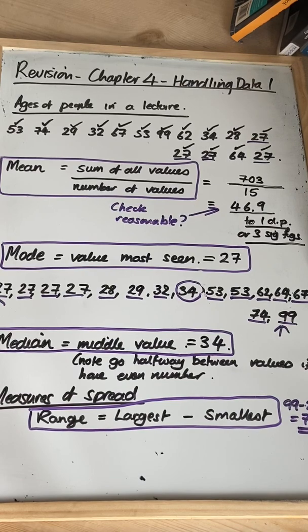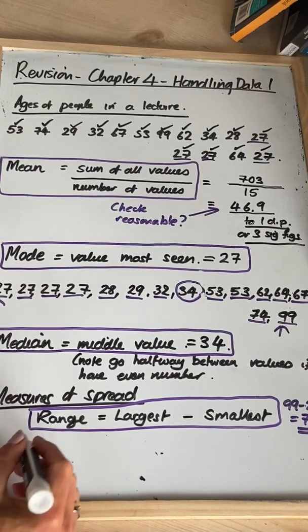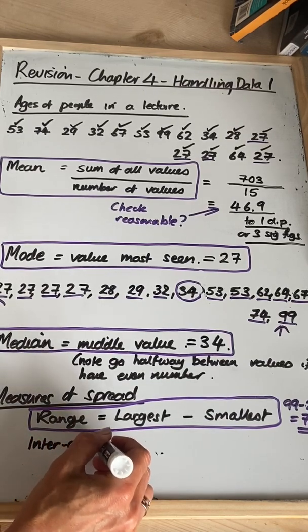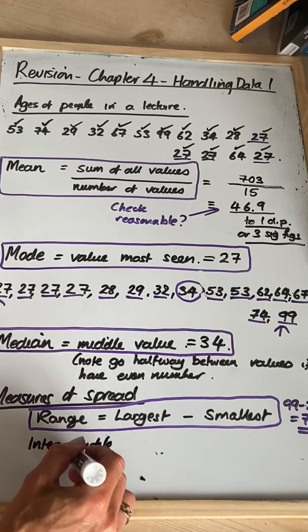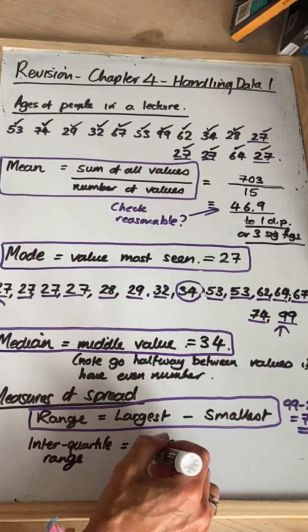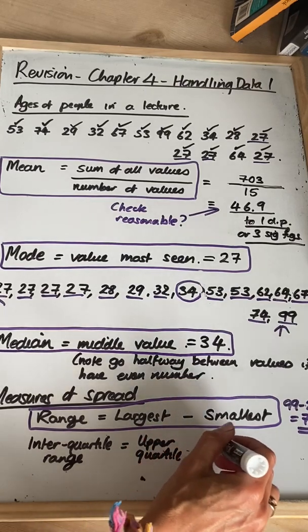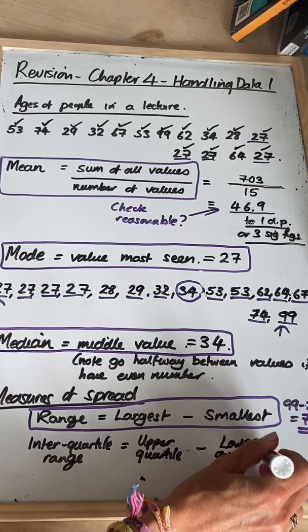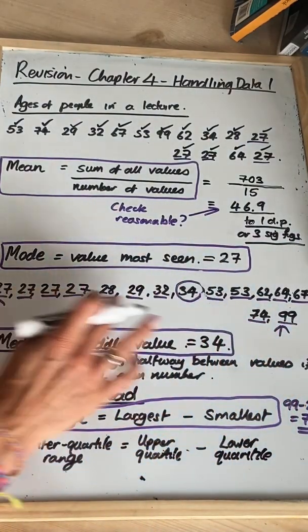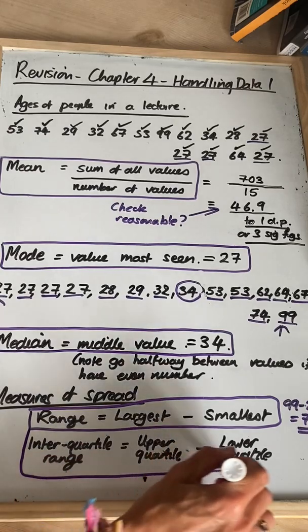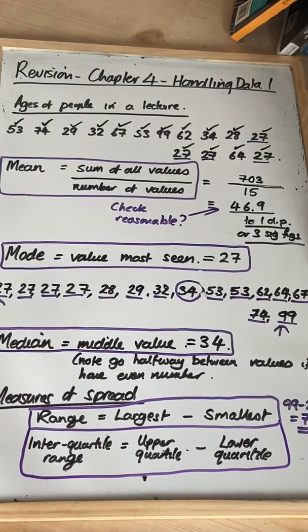The other measure of spread that you might be asked to find is the interquartile range. This is your upper quartile minus your lower quartile. Whereas your range takes the biggest and takes away the smallest, with the interquartile range you're looking at your data in quarters.